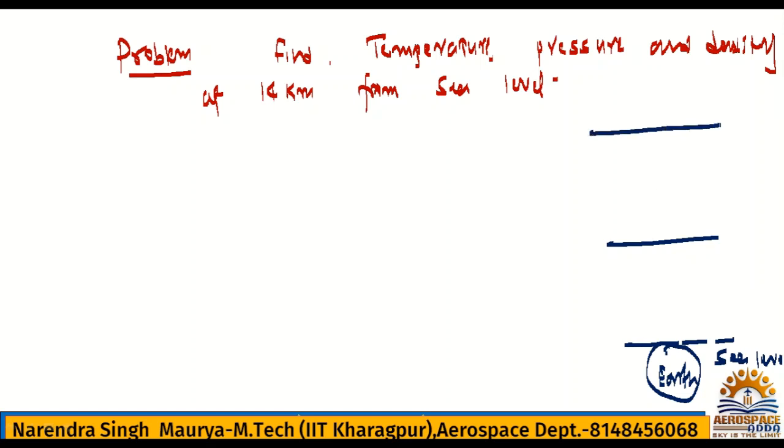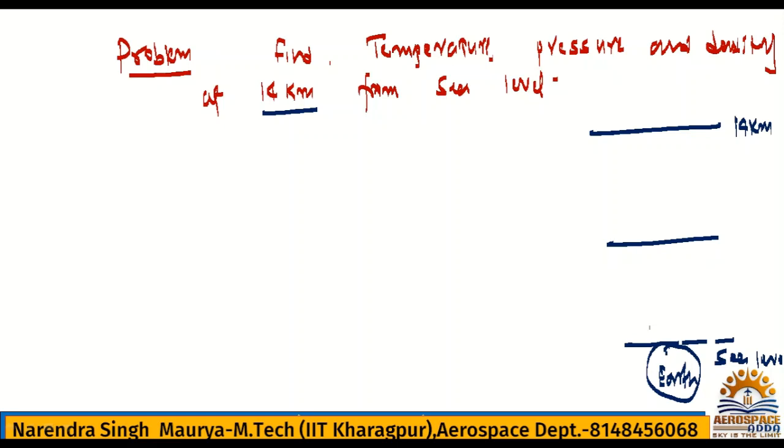They are asking the question at what altitude? 14 kilometer. So sea level means the initial point will be sea level, that means 0 kilometer, and data you have to calculate at 14 kilometer. So from sea level to 14 kilometer, you know that a partition will come.